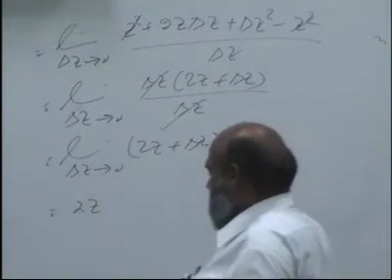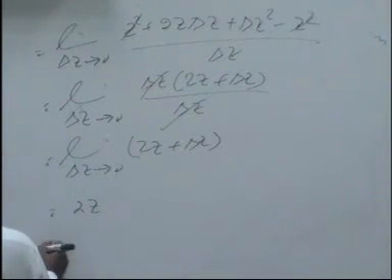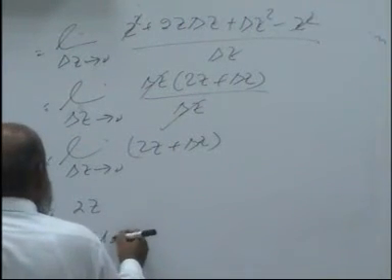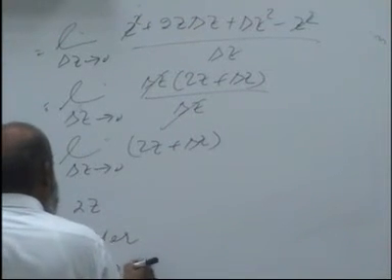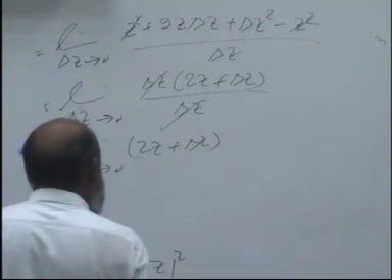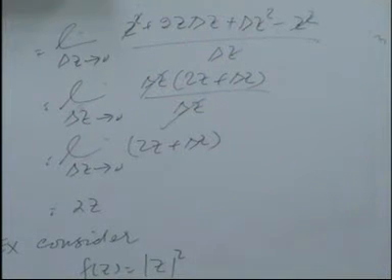Now consider another example. f of z is equal to z mod square, instead of z square.